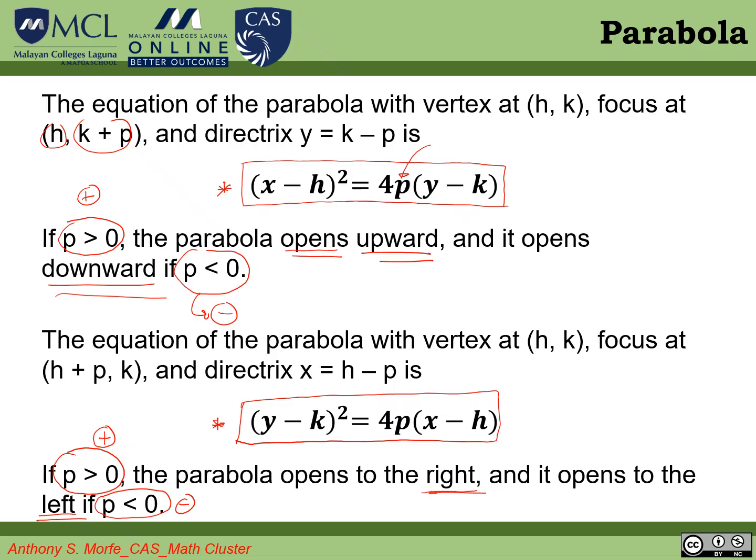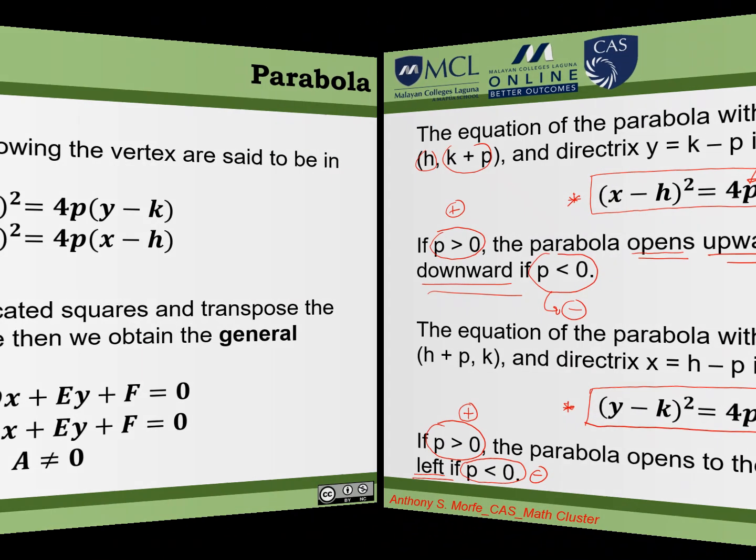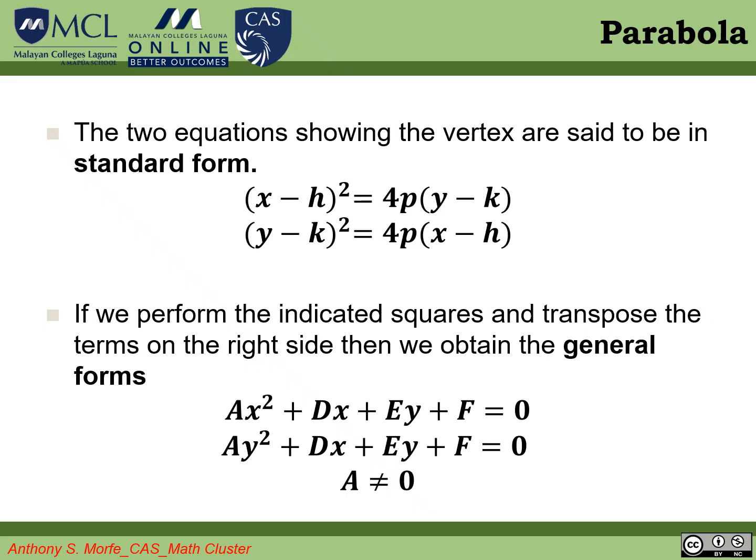These two formulas are very helpful in solving problems in the topic parabola. Now, if we perform the indicated squares and transpose the terms on the right side, then we obtain the general forms.